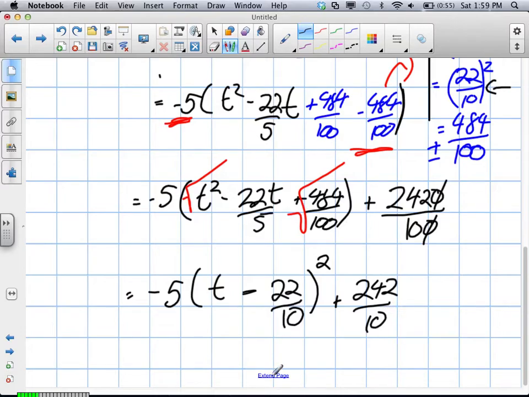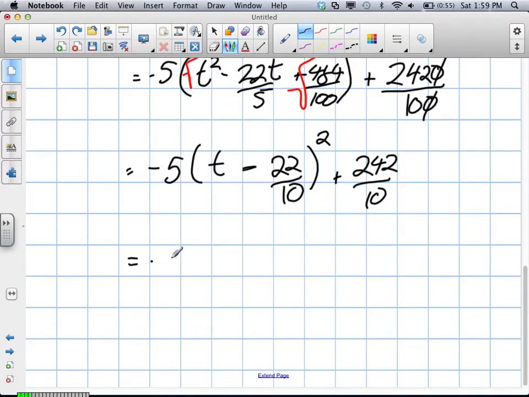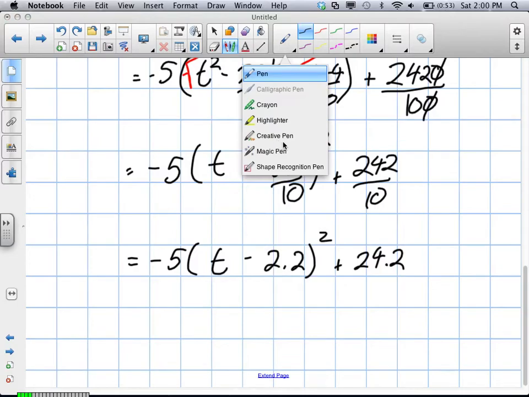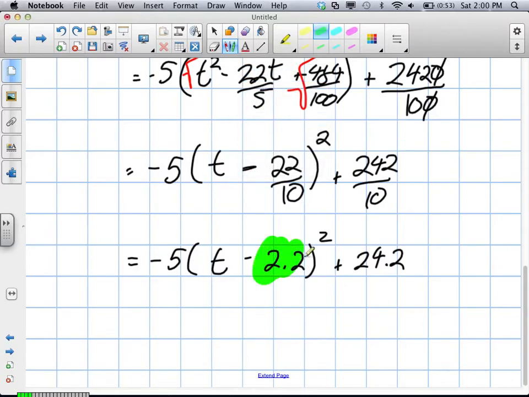Now we're in fraction form, which maybe doesn't make sense for us, so I want you to put those into decimals. What's 22 divided by 10? 2.2. And what's this one going to be? 24.2. That's right. So now we're in vertex form, which means, without having to do all that extra work, there's my x value and there's my y value.